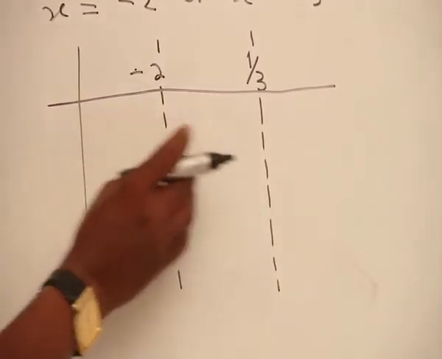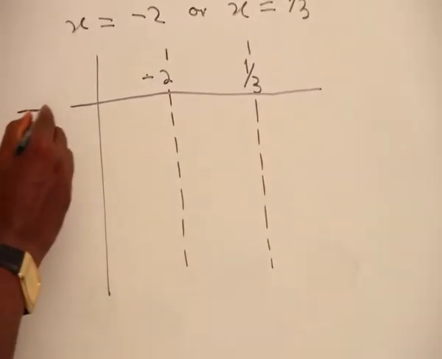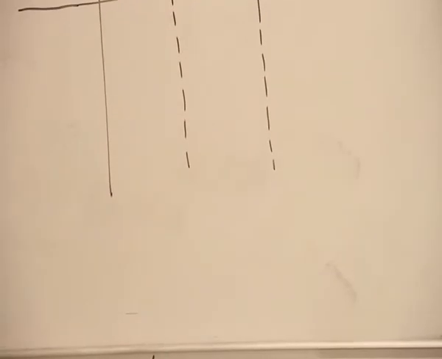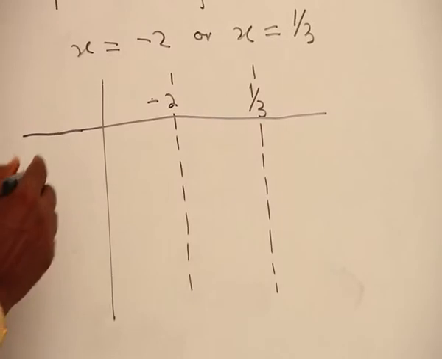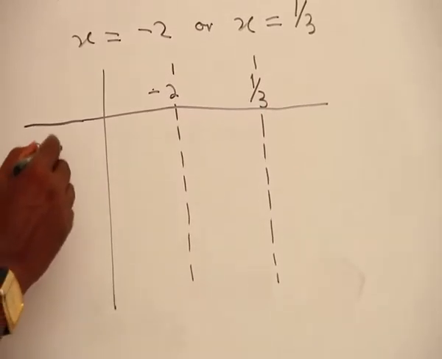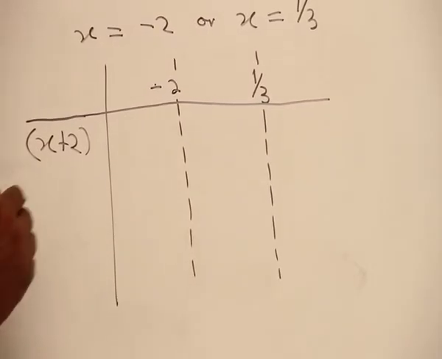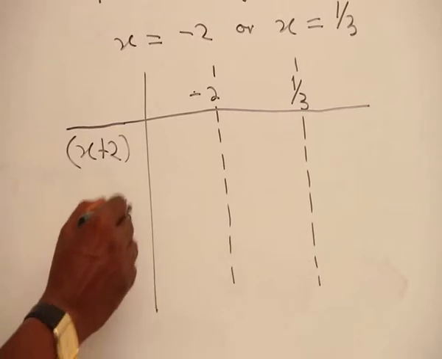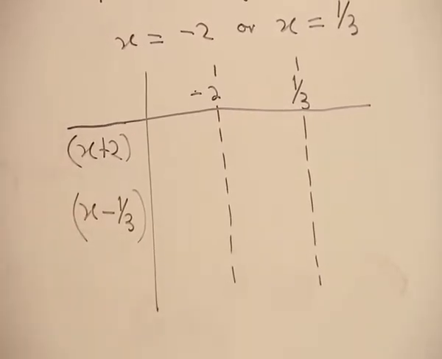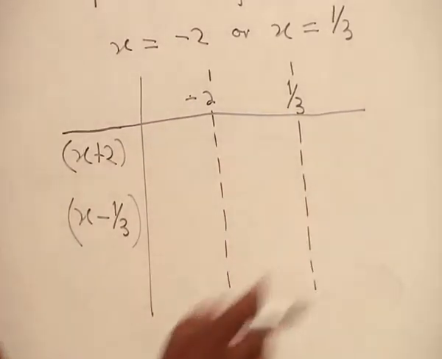This compartment, this one, and this last one. For where we are going to find out the signs of the following factors. Where s plus 2 is a factor, and where you have s minus 1/3 as a factor. We will now determine the signs in each of these regions.